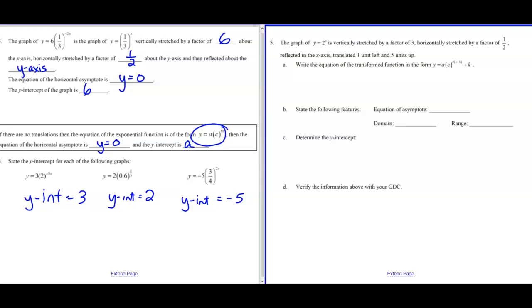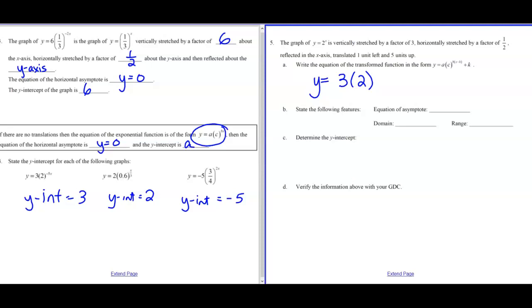Transformations unit. Coming up with a new equation. So we're given our original one, y equals 2 to the x. It's vertically stretched by a factor of 3, horizontally stretched by a factor of a half. It's reflected, translated. So write the equation. A is our vertical stretch. Then we've got our C here is 2, right?